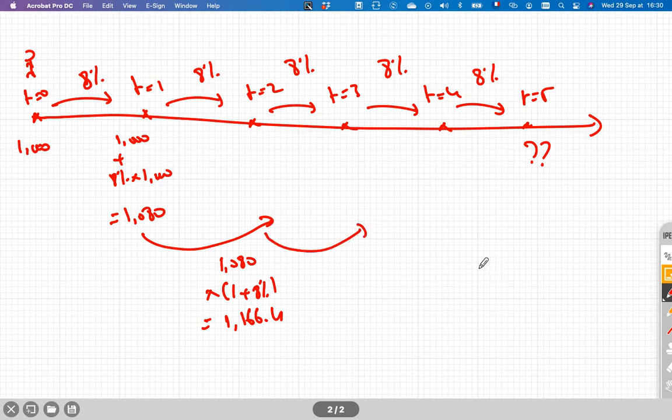Now, there is a mathematical formula which can give you directly how much your investment will be worth after 5 years. By the end of the 5th year, your investment will be worth I0, which is the initial investment, times 1 plus the interest rate R, to the power 5.